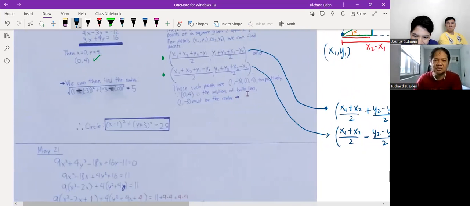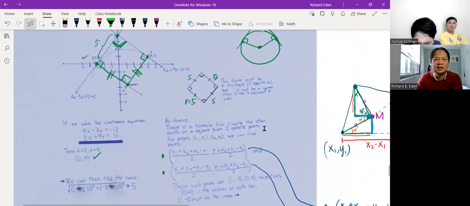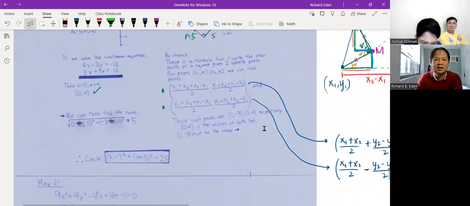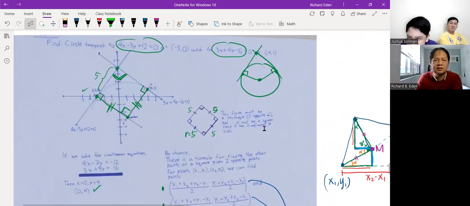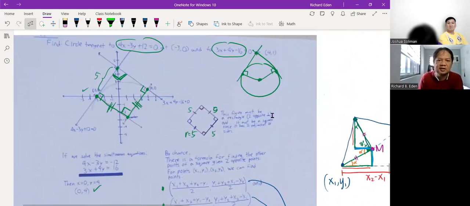I didn't check the other points. But you know what? What are we trying to look for? Find the circle tangent. Okay, the circle. So what you did is we already have the radius here. We just need the center, but isn't the center just going to be the midpoint here?